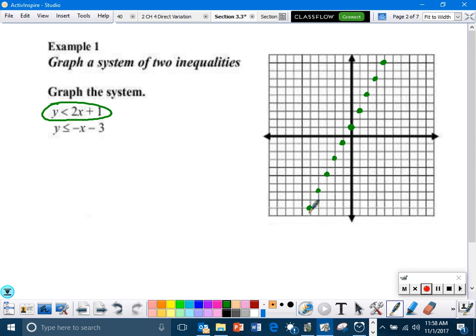Before I draw the line, I need to identify what type of line it is. It's a less than. It does not have an equal to on it, so that means the line is going to be dashed.